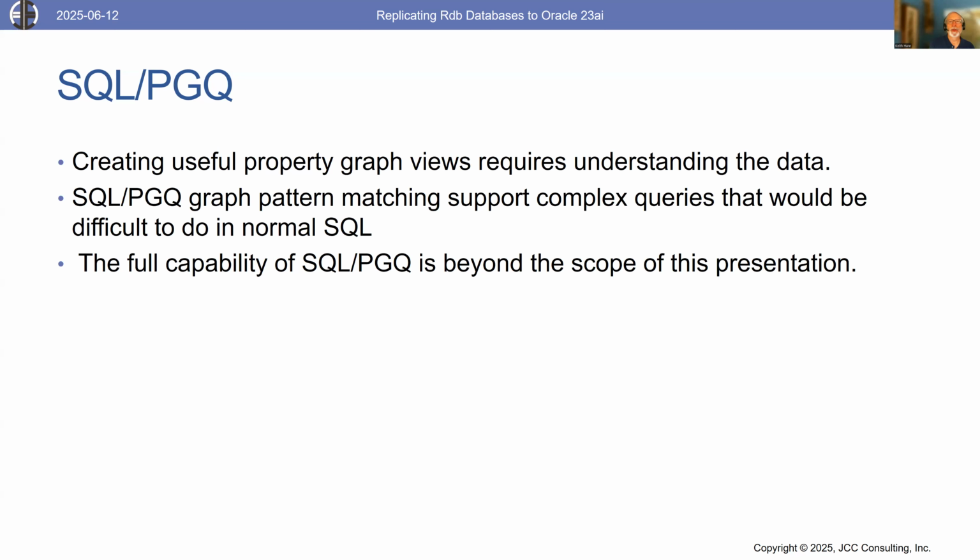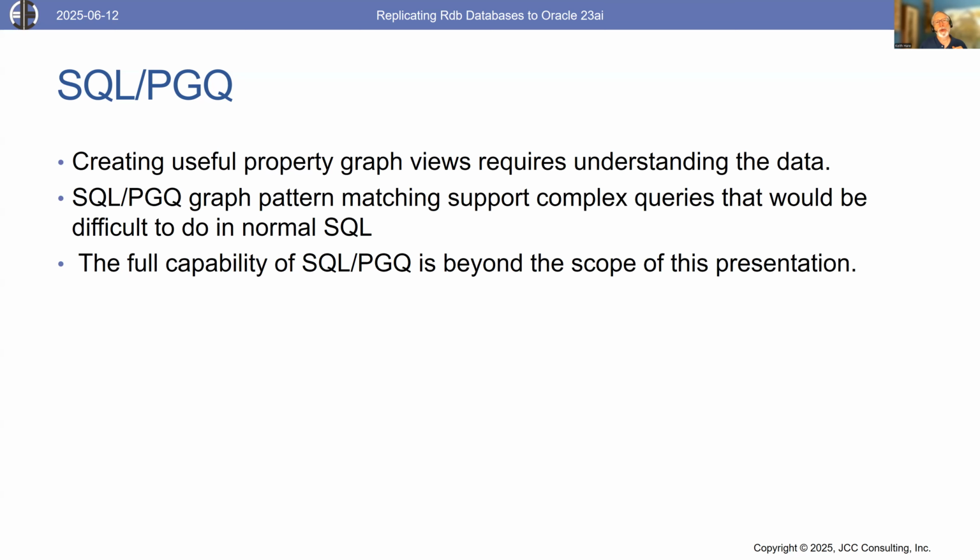Creating the property graph views requires understanding the data because you need to know what the relationships are. The SQL allows you to build queries and build complex relationships into the query, but in the where clause, you have to understand the relationship between all the tables in the from clause.